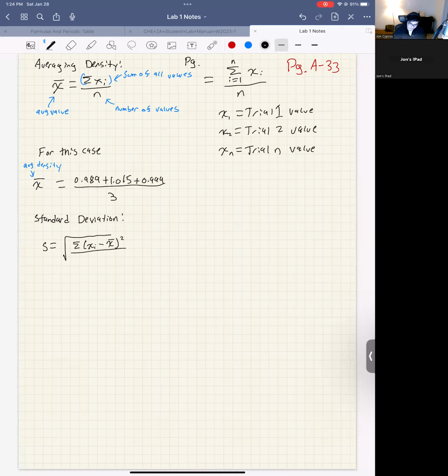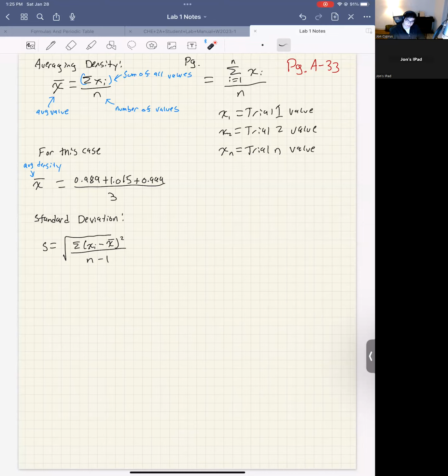And again, we'll talk about what this is exactly. This x bar is still your average, the same thing it meant before. This new S is your standard deviation. It essentially measures, on average, how far away your data points are from your average. So a high standard deviation typically indicates poor precision, versus a low standard deviation indicates a high precision.